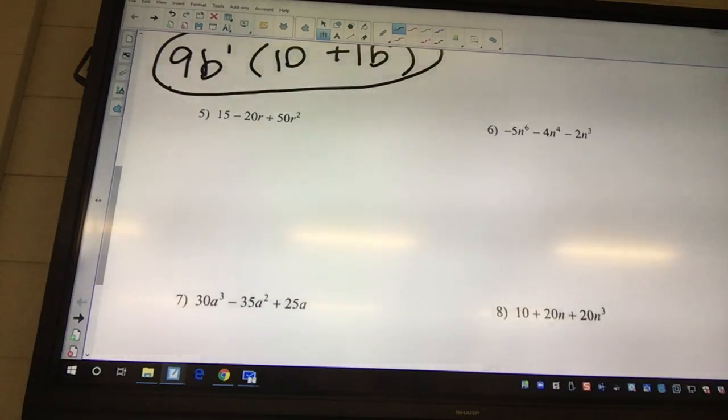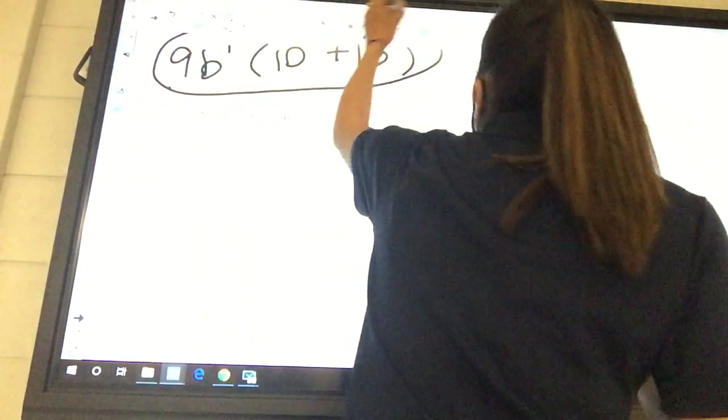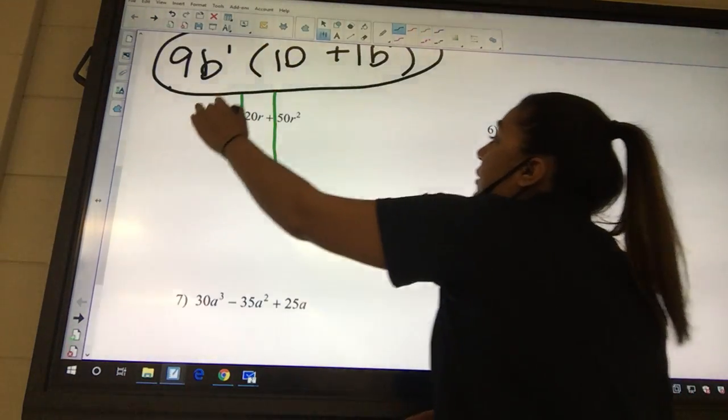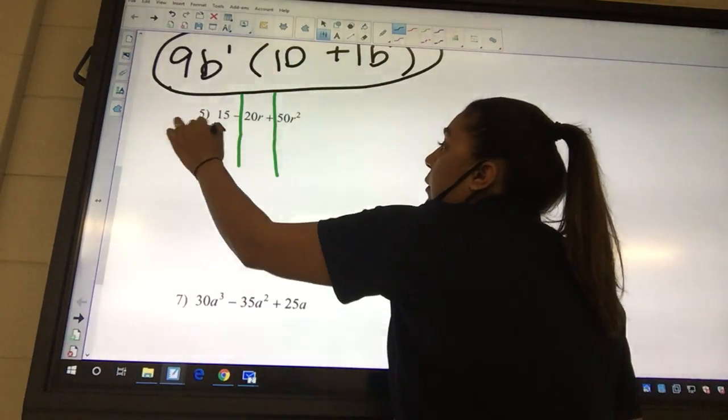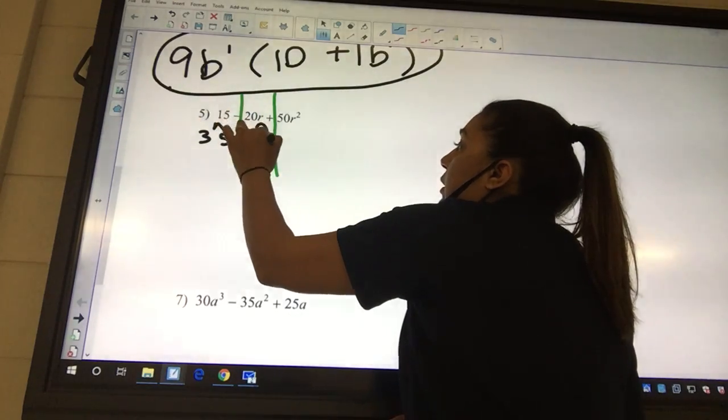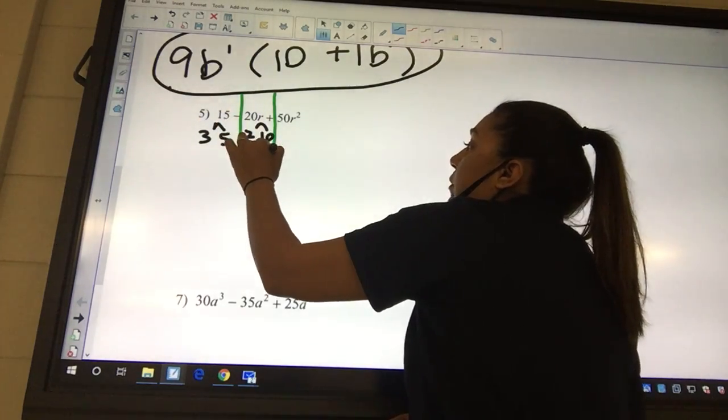Okay, these ones are still GCF. The only difference is it's got 3 terms instead of 2. Okay, but it's still a GCF. So you're going to need to factor all of these and see what we can pull. Okay, it's got to match in all 3. So what are some factors of 15? 3 and 5. 20: 2 and 10, 2 and 5.